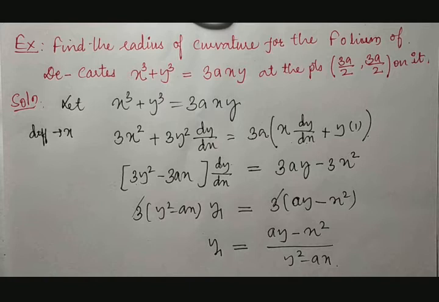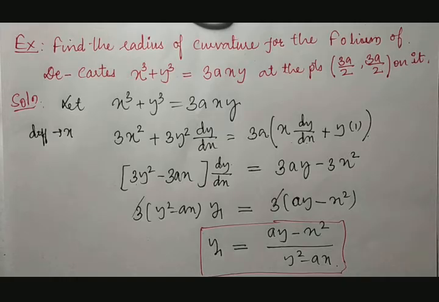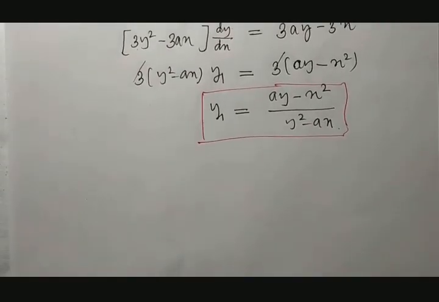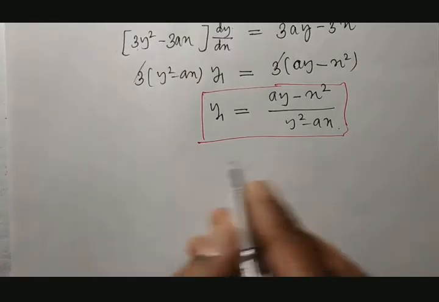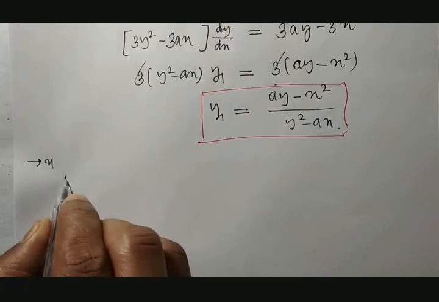But we need y1 at the given values. Either you take everything, substitute, and find the result, or you can take it directly, no problem. So this is y1. Then what will be y2? Differentiating this with respect to x once again, y1 becomes y2.